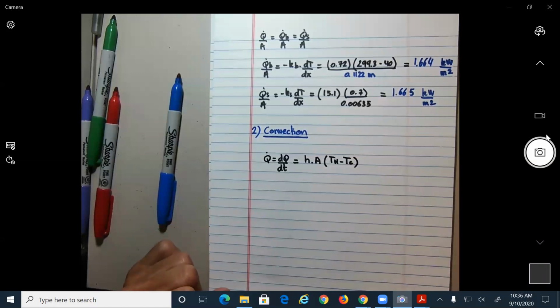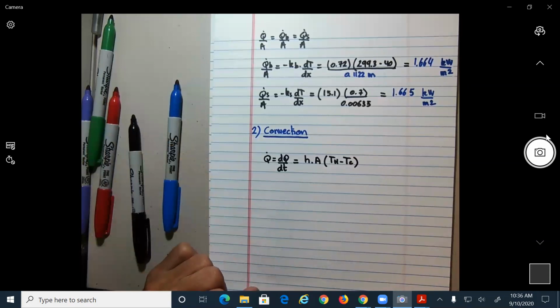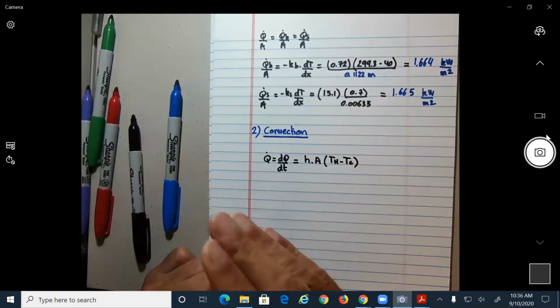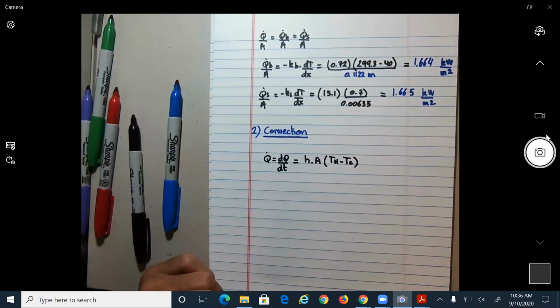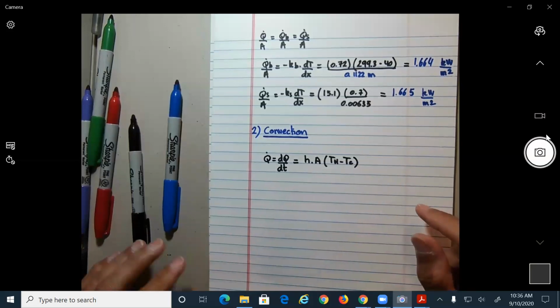Okay? So remember, I did not write it down, and maybe I'm going to repeat it. We assume the heat to be positive when you go from hot to cold. If you think about it, in what direction is the air flowing? Does it go from high pressure to low pressure, or from low pressure to high pressure? It goes from high pressure to low pressure, no? In the high pressure, the temperature is higher than in the lower pressure, okay? So that's the general motion of the fluid. So that's why we say that heat transfer will be positive from hot to cold, okay?